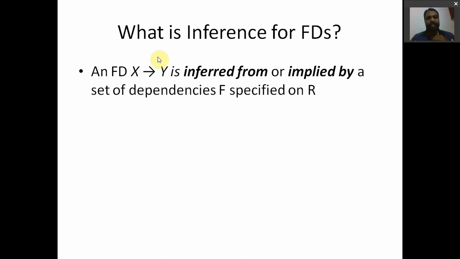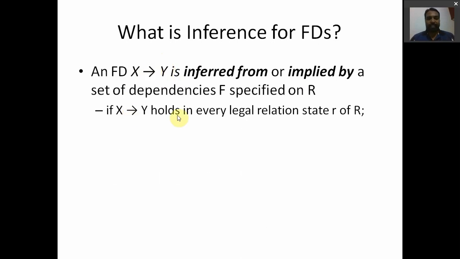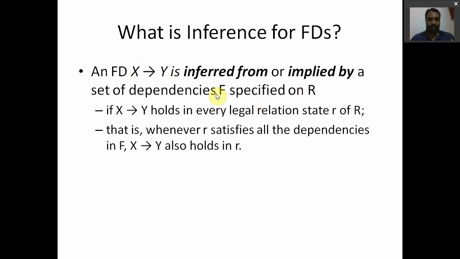So this X to Y should hold on every instance of this relation. If X to Y holds in every legal state of R, then we can say X to Y is inferred from F. That is, whenever R satisfies all the dependencies in F, X to Y will also hold in R.